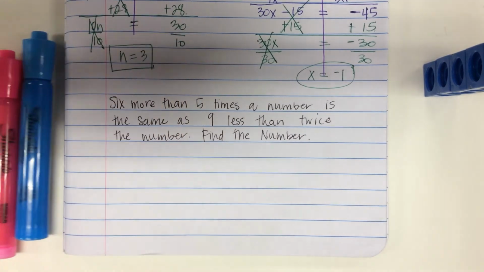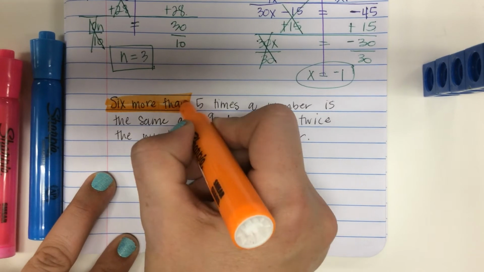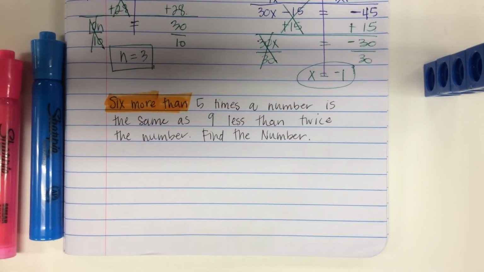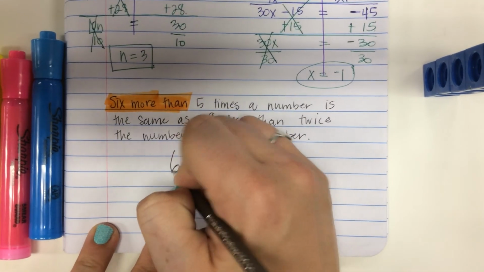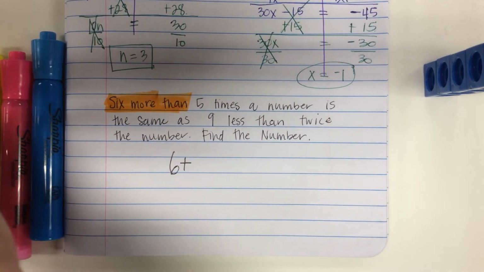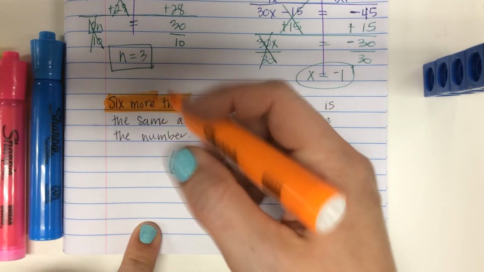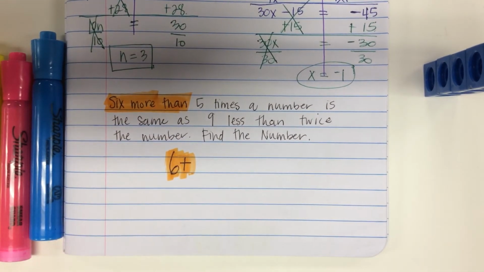That's my first term. 6 more than. What does 6 more than look like mathematically? Chance says 6 plus. Do you guys agree? Yeah, 6 more than. More than means plus. 6 plus.